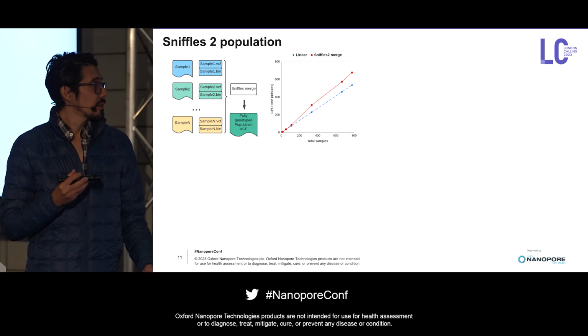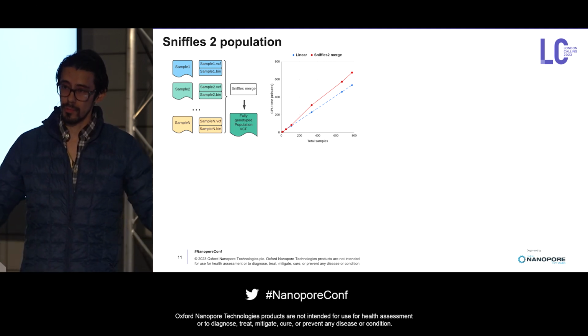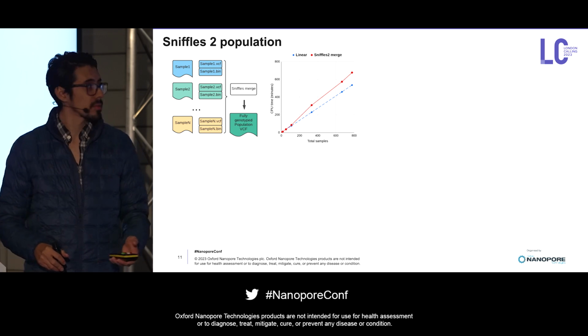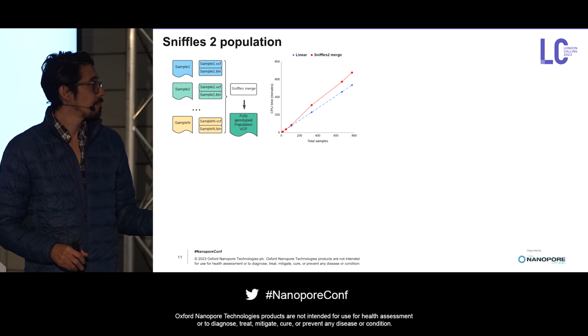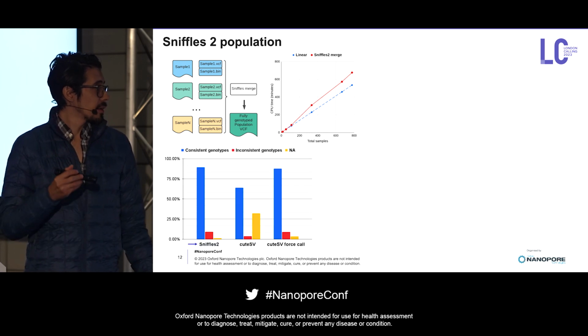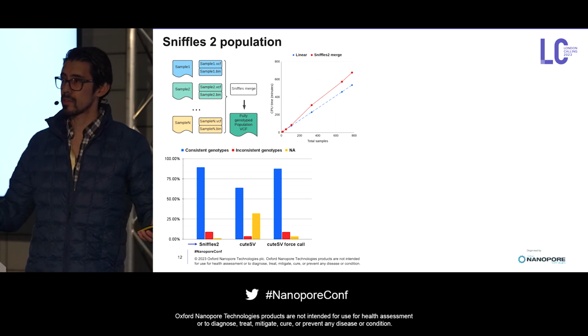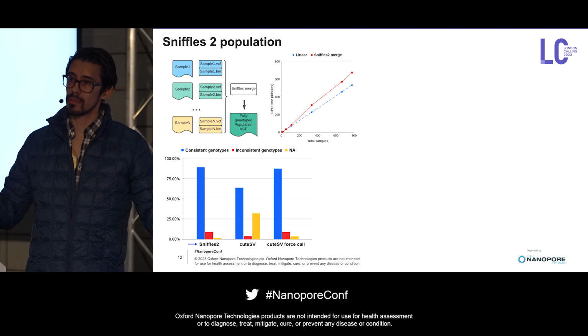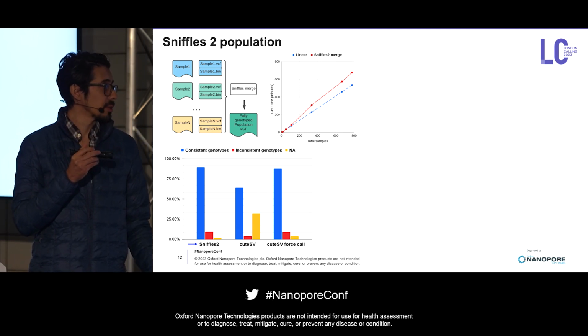We have seen this shown at the G42 talk yesterday: if you ramp it up to the thousands, it would just take more time, but we are working on improving this. Finally, when you compare against a naive approach, like calling structural variants for each of the files and merging all the BCFs using SURVIVOR, you will have a lot of missing genotypes.